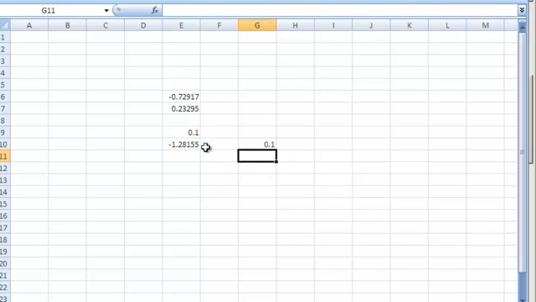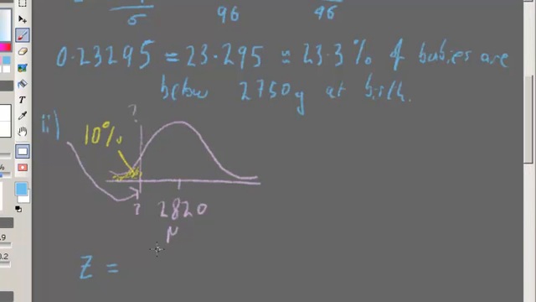So it's looking up backwards. So looking up 0.1, the proportion that's less than the z-score has got to be 0.1. It predicts the z-score is that. If you put the z-score back in, then it says the proportion is that, so that works. So using that formula, if you know the proportion you want below it, which is 0.1 here for 10%, that tells you the z-score. So z is minus 1.28155.